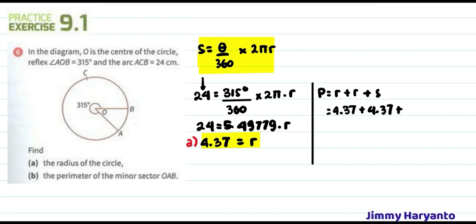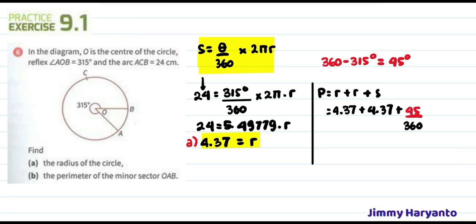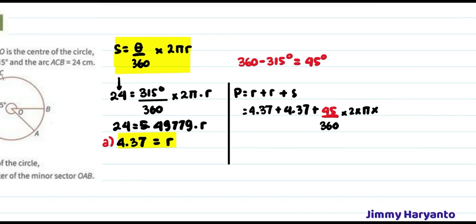We don't know the theta yet, we have to find it first. So 360 degrees minus 315, because we need the minor arc, so we have to use the smaller angle, 45 degrees. So it's 45 over 360 times 2 times pi times r. The r itself is 4.37, and then just use your calculator, and the answer is 12.2 centimeters.